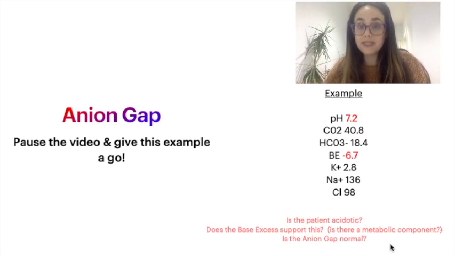Does it support there's a metabolic component? And number three, is the anion gap normal? Sorry, as I'm in a rush, I struggle to say the anion gap. So ignore me if I'm getting that one a little bit blurred. So yeah, have a go, pause the video, give it a go, and we'll have a look at it in a sec.